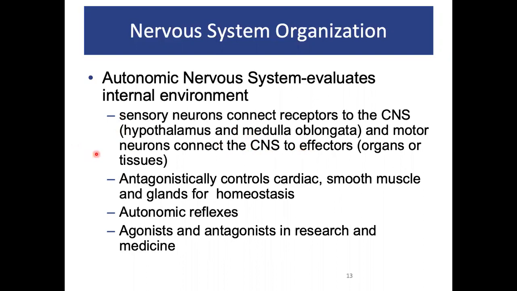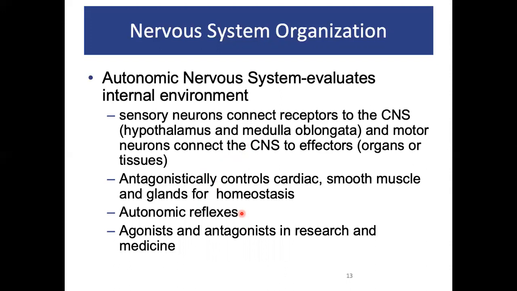So let's say blood pressure or heart rate is too high: the baroreceptors are going to sense that and send a signal to the medulla oblongata, and the medulla oblongata is going to send a signal out to your heart to slow it down. This nervous system antagonistically controls cardiac muscle, smooth muscle, and glands to maintain homeostasis. These are autonomic reflexes, and so they're automatic. You don't have to think about contracting your heart or whatnot.